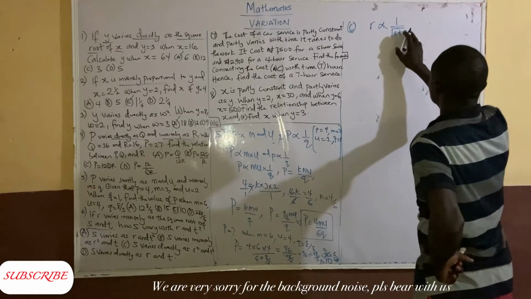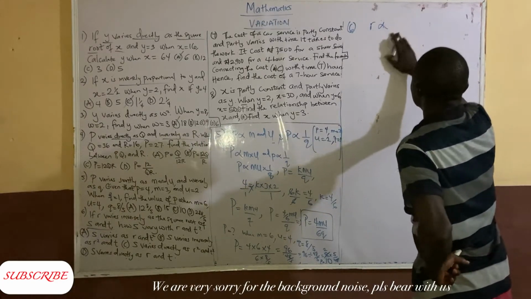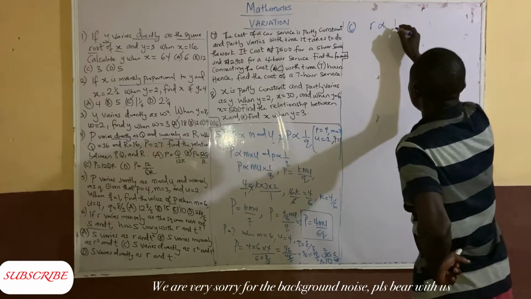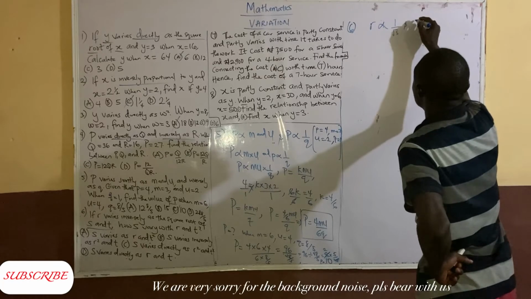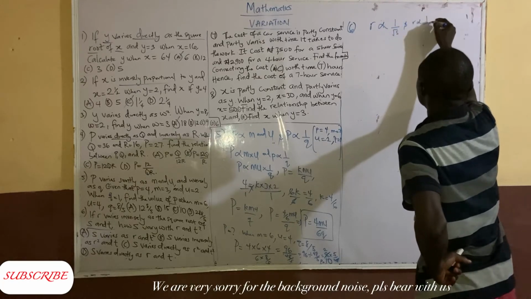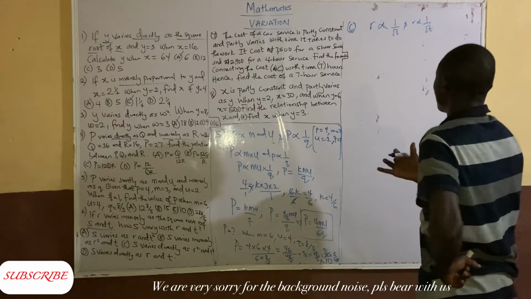Or you can say R varies inversely with the square root of S, and R varies inversely with the square root of T. You can say it like that, or you combine the two together.